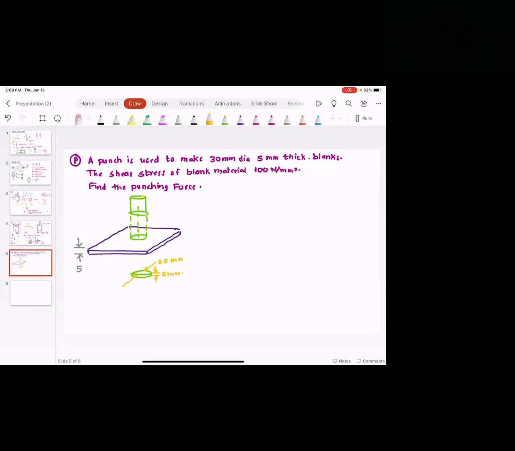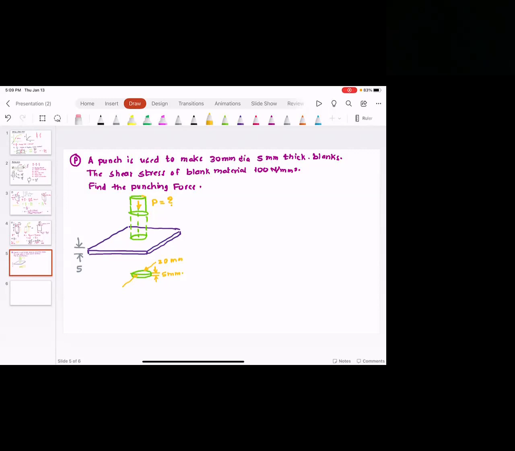Now, what he's asking us is what is the amount of punching force P that is needed so that we can create this blank. Everyone understood this problem?